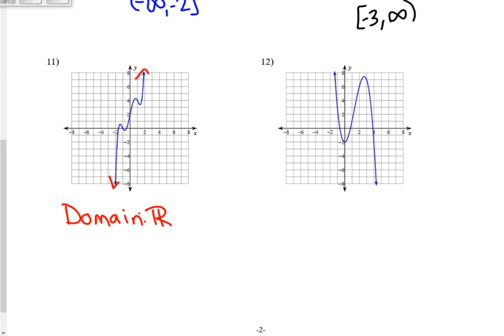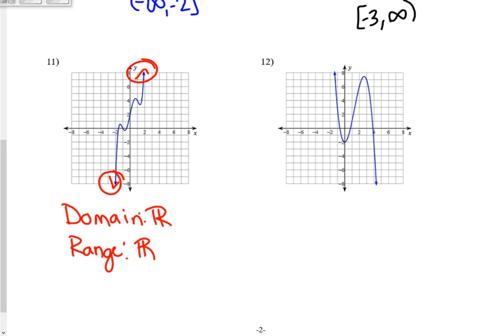It doesn't matter if they are even or odd. My range for this graph, well, this graph is going down forever. This graph is also going up forever, which tells us it would have an odd degree. My range here is going to be all real numbers. All odd degrees have a range of all real numbers. The graph goes up and down forever, so it hits all of those y values.